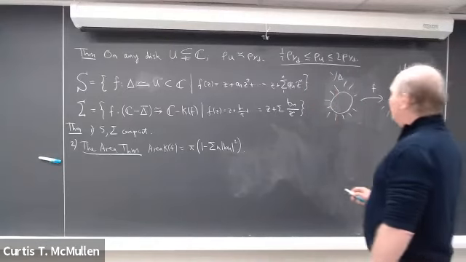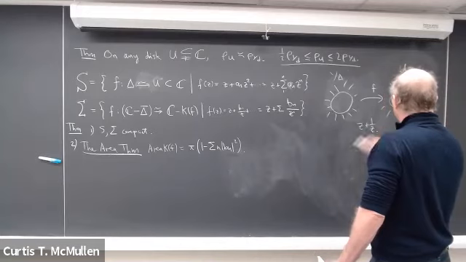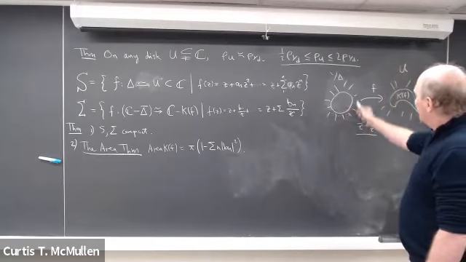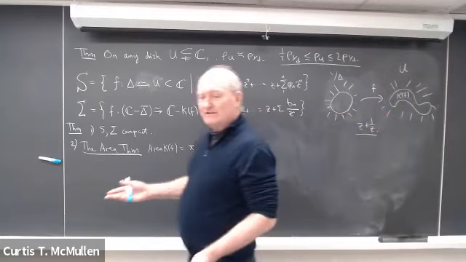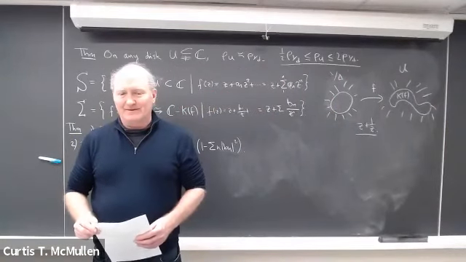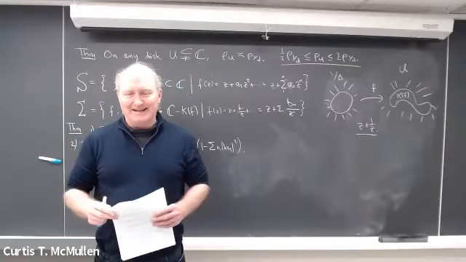Another important example is the map z plus 1 over z. If I apply the map z plus 1 over z to the outside of the unit disk, what's left over? What's the image of the circle? It's the line from -2 to 2.